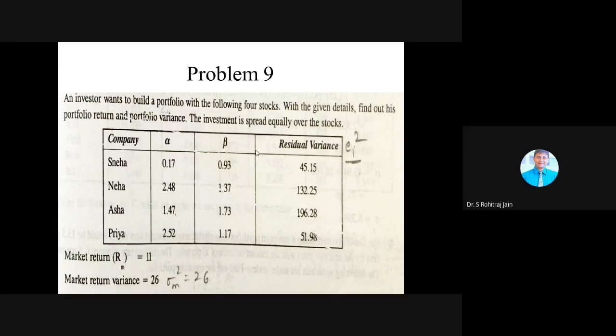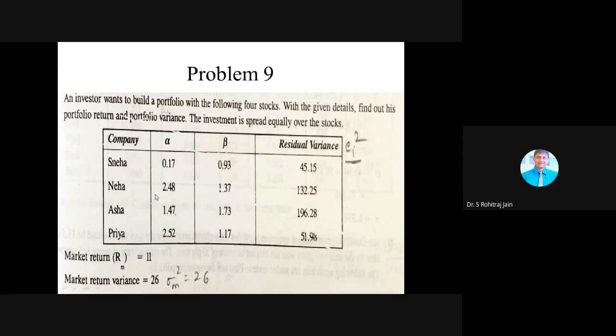Whereas beta measures the volatility of a stock with respect to the index, alpha measures the amount that the investment has returned in comparison to the market index. So these are the three values they have given in the table.